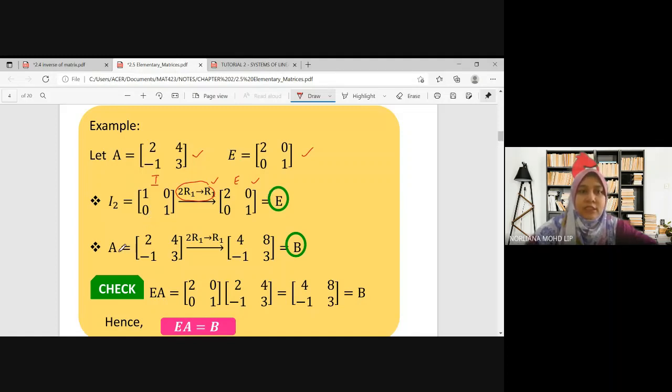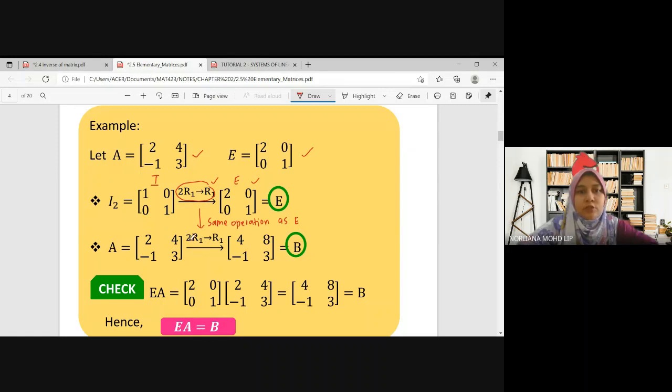Okay, and then matrix A. We use the same operation as the elementary matrix. Okay, 2 4 negative 1 3.